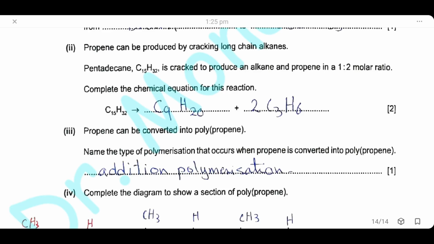Propene has 3 carbons produced in a ratio of 2, so you will add 2 here, and 2 multiplied by 3 is 6. 6 carbons subtracted from 15, so we will have 9 carbons left, and the other product produced from this cracking is C9H20.